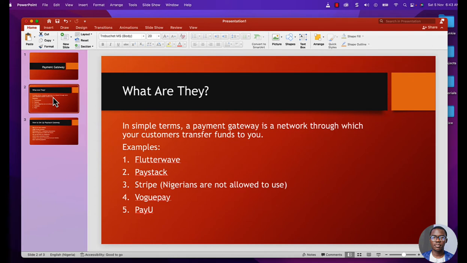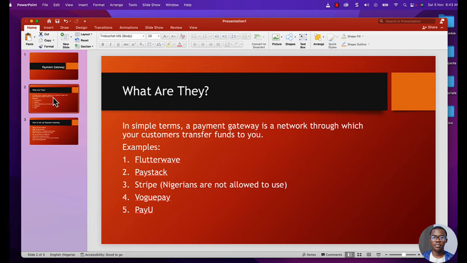You understand? There are going to be some transactions happening between the customers and your platform. It's not necessarily an e-commerce platform. Every platform that accepts transactions, you have to install this payment gateway. So it's a network through which your customers transfer funds to you over the internet.